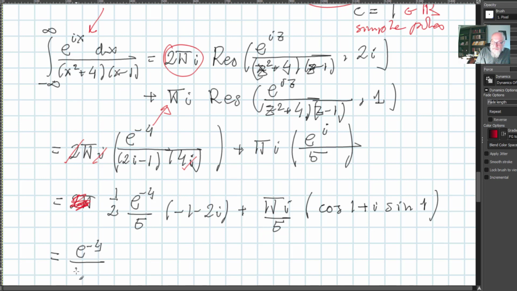this will be minus, and from here I'm getting another minus, and this will be, where's my pi? Yes, there is a pi. I lost pi, I found it.